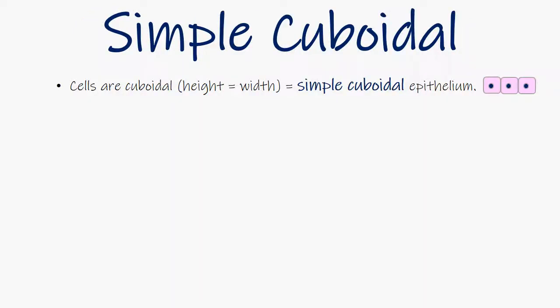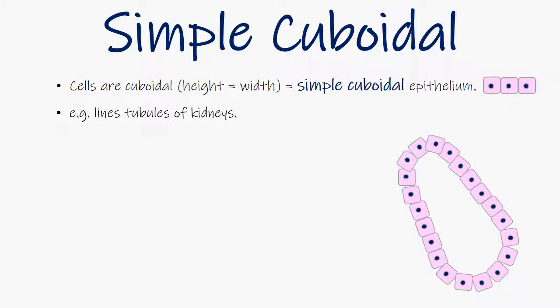Let's now look at an example of how we assemble simple cuboidal epithelia into structures. Simple cuboidal epithelium is found in a number of different locations in the body, and one example is lining the tubules of the kidneys. Once again, you can imagine that we need to assemble each cuboidal cell into a circular structure, as shown here in this schematic, with a lumen in the middle.